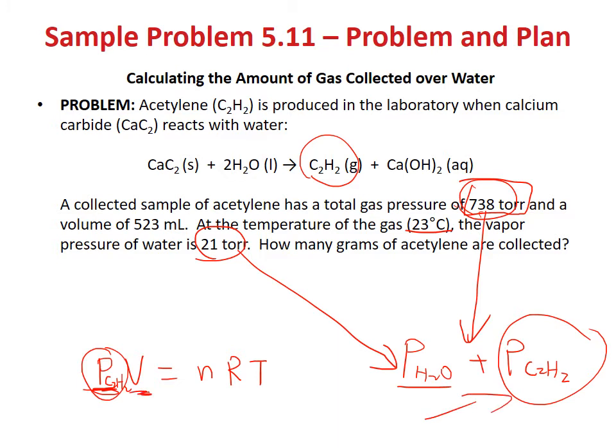The volume is given as 523 milliliters, so you need to convert to liters first. Then the temperature is also given as 23 Celsius, so first convert to Kelvin and put it in here, and we can calculate the number of moles. Then from the number of moles multiplied by the molar mass, we can calculate how many grams of acetylene are collected.